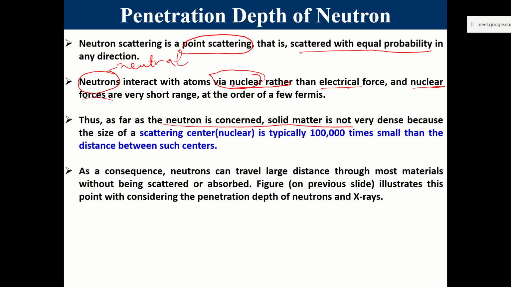It finds a lot of empty spaces and only a few centers from which it can get scattered. Typically, the scattering center is about 1 lakh times smaller than the distance between such centers, that is, between two nucleus positions.